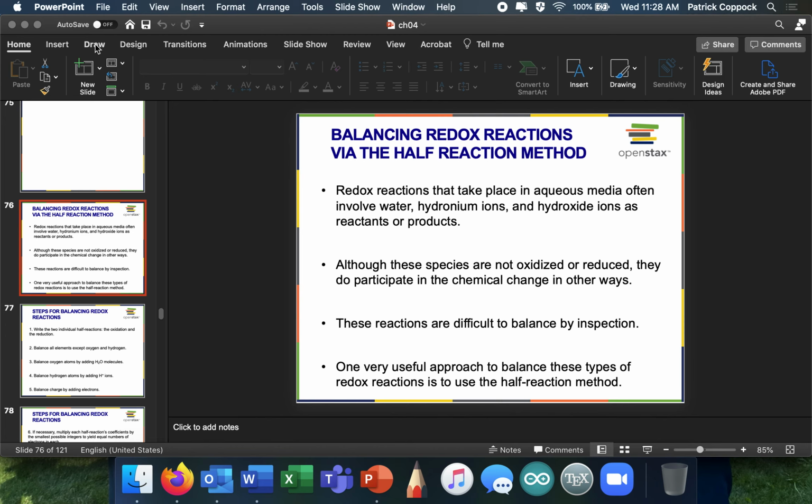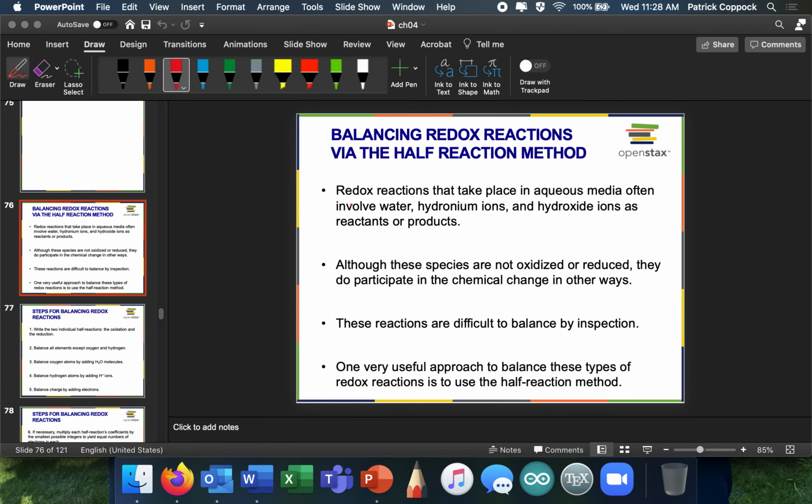First of all, a few points that your textbook makes: redox reactions often take place in aqueous media, and they have hydronium ions, which are H3O+, which oftentimes we can just consider as H+. And they have hydroxide ions as reactants or products.